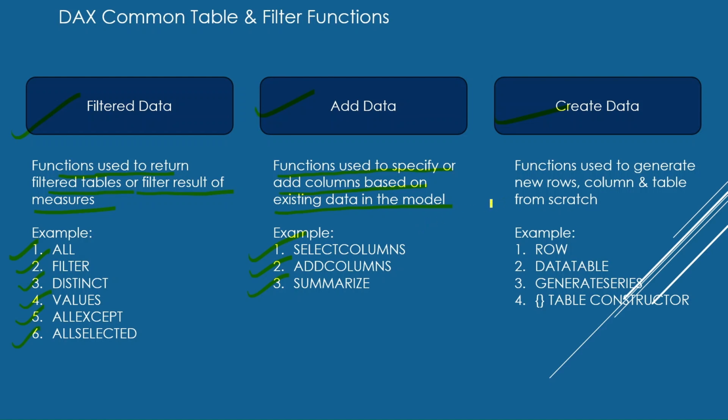The third category is create data table and filter functions. These functions are used to generate new rows, columns, and tables from scratch. Many times there is a requirement that we need to create a table from scratch. With the help of the create data table and filter functions, we can create a table from scratch.